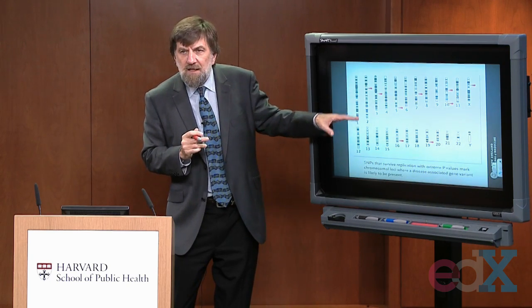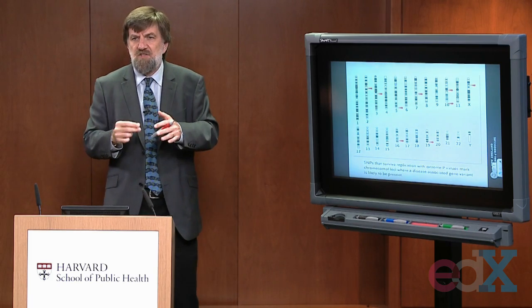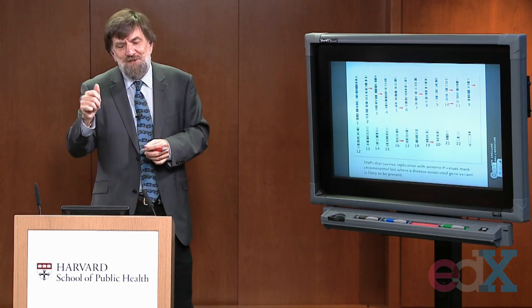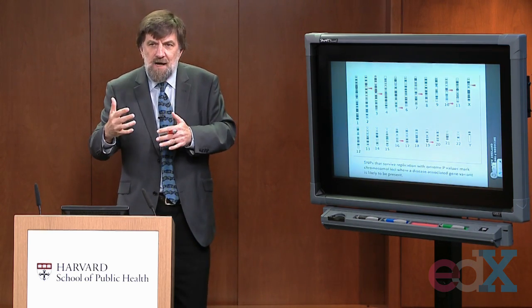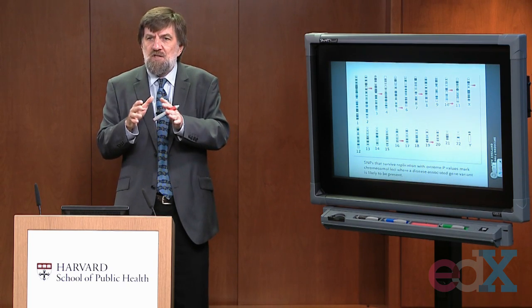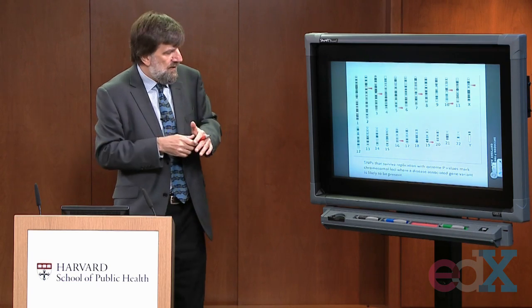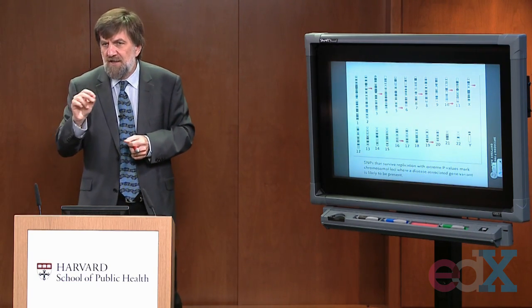One subtlety here is that the markers that we put on the initial SNP chips and the markers that we test for replication may not actually be the variants that are causally associated with the disease. They're just markers, and they may just be highly correlated with the true causal variant that we believe is in the neighborhood of the initially associated variants.